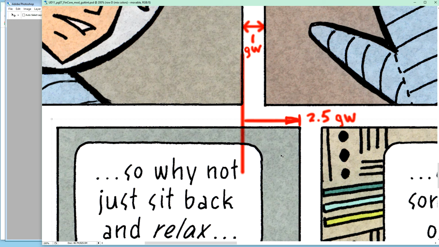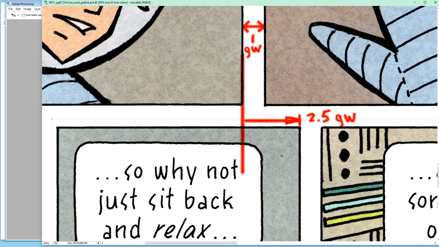So I'm saying that if we want to aesthetically place the panels on different rows, we have to look at this.